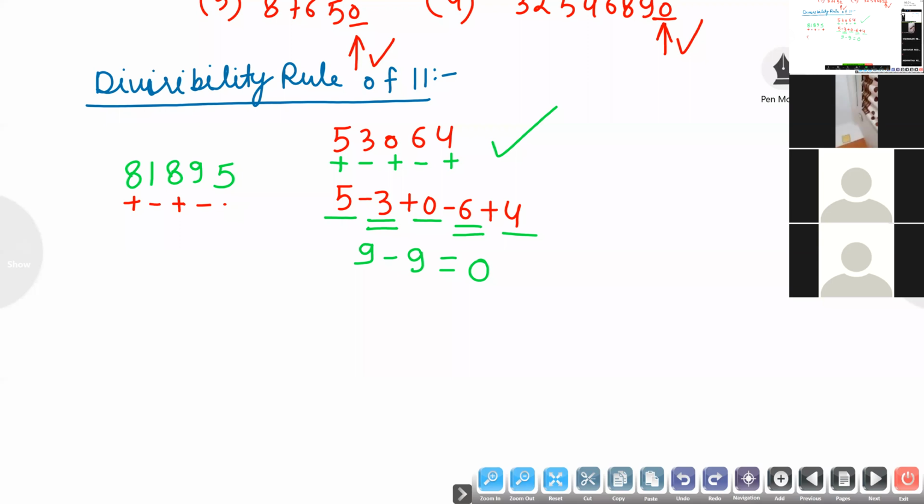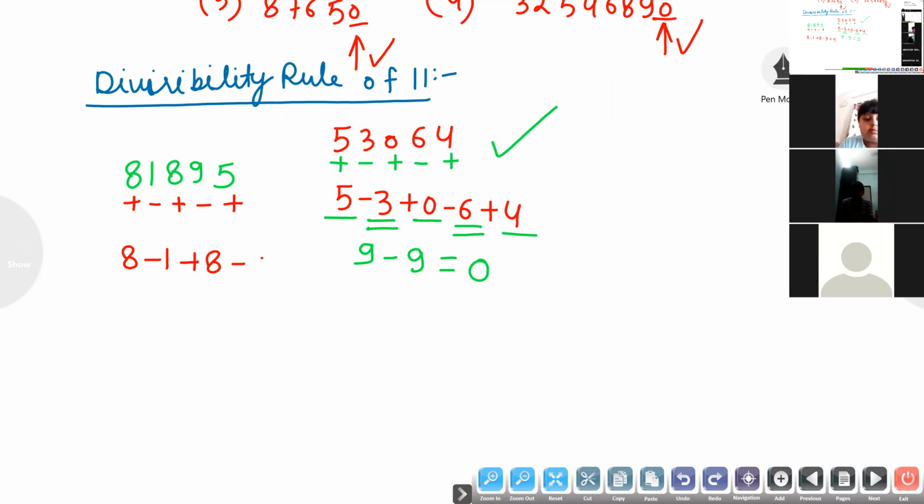Plus 8 minus 1 plus 8 minus 9 plus 5. Concentrate everyone. Plus 8 plus 8 plus 5. 8 plus 8, 16. 16 plus 5, 21. Right. Minus 1 minus 10. Minus 1 minus 9, both signs are the same.